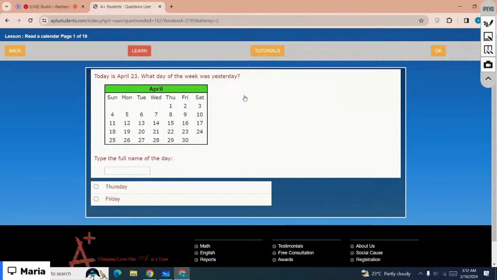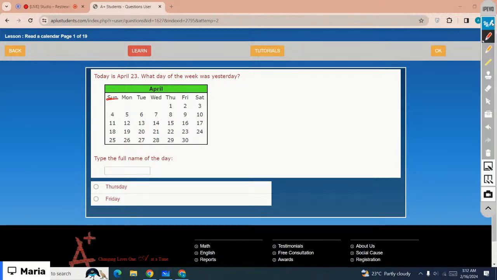Today is April 23. What day of the week was yesterday? You have to see, like today is April 23. Locate April 23 on the calendar. Here is 23, right?